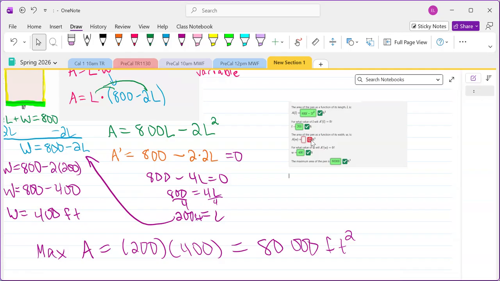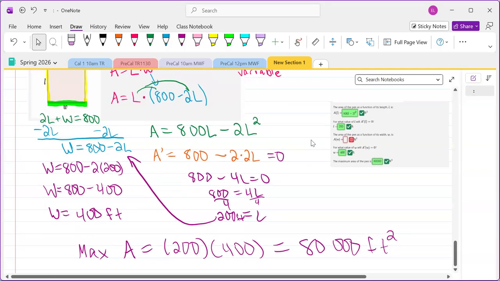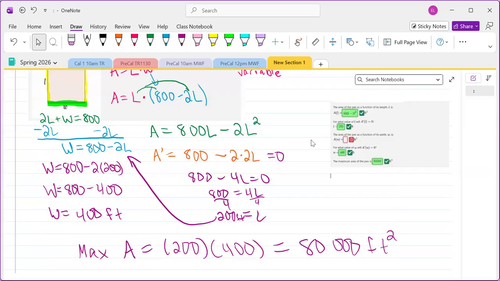And then they said, all right, now go back and write the area as a function of its width. We can do that, but we didn't need to do that to solve the rest of the problem. But I can do that by solving for L instead of solving for W with my perimeter formula. I'll have to divide by 2, so I'll get a fraction.